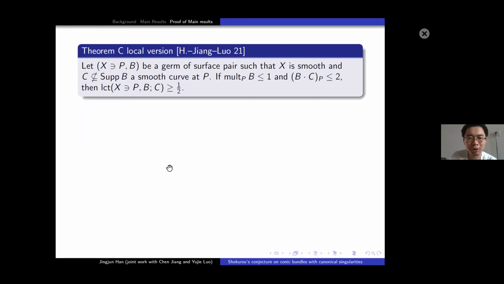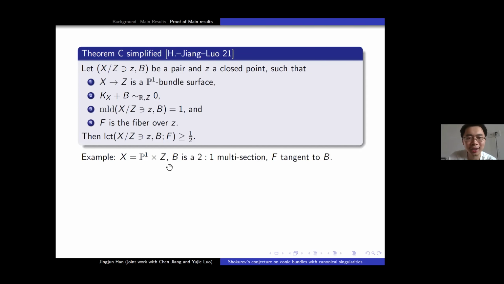And in order to show this simplified version of theorem C, we prove this theorem in a local version. Because for the log canonical threshold, we're only interested in all the prime divisors E over the point z.